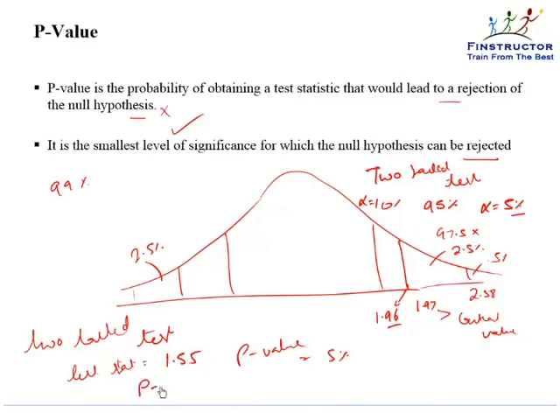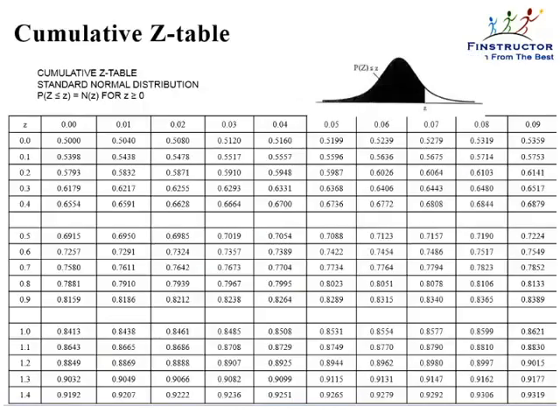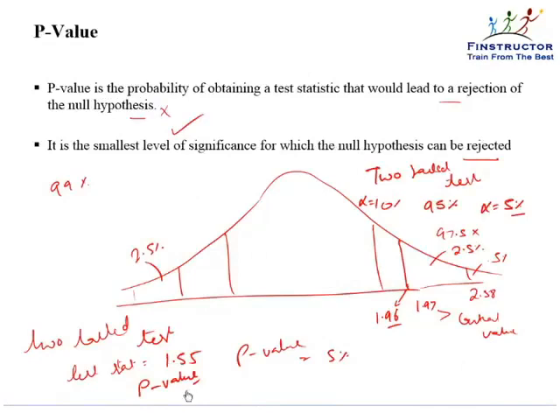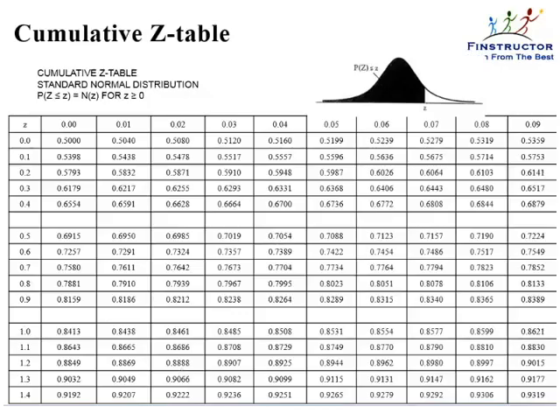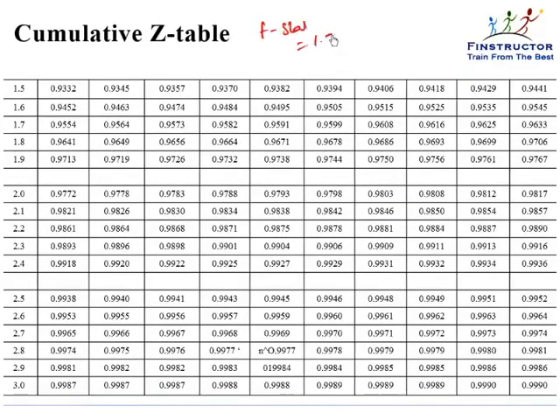Calculate the p-value, or calculate the minimum level of significance at which the null can be rejected. It's a two-tailed test. T statistic is given to be 1.55. You may need help of the table.